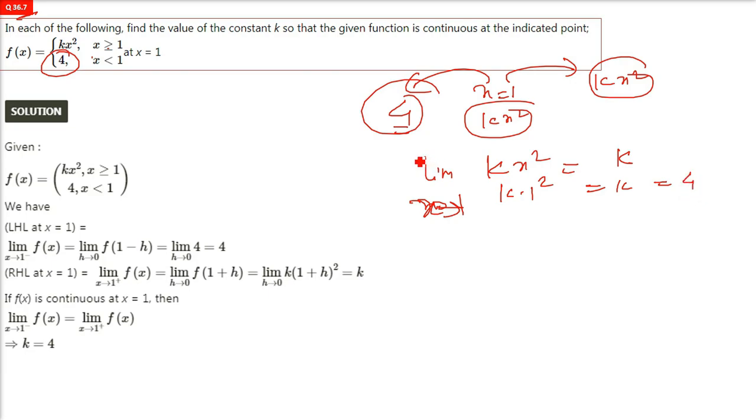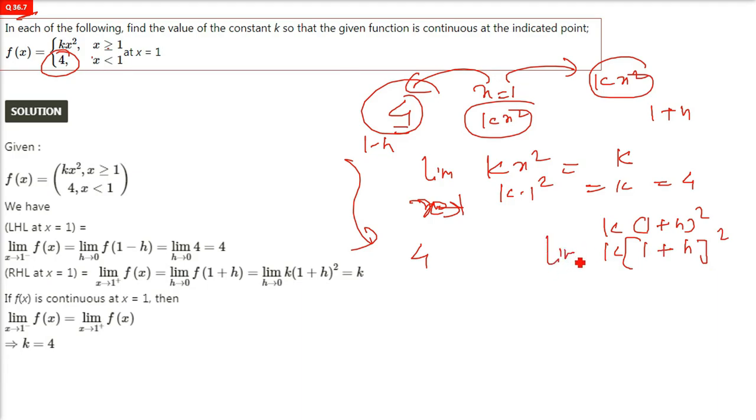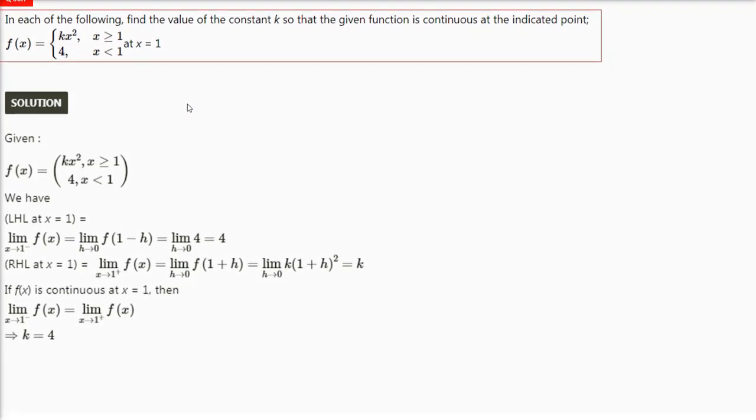But directly, if you see that the answer comes like that and there is no untoward number which is going to come if you apply the limit, because the limit is only applied when you don't get a proper answer, like 0 by 0 or infinity by infinity. But here there is no problem. Even if you apply the limit, it is going to be the same: k into 0 plus h, this 1 plus h square, a square plus b square plus 2ab. h is eventually 0, so it is k into 1 square only. It is going to be equal to 4, because 4 is a constant. We don't have any x here.